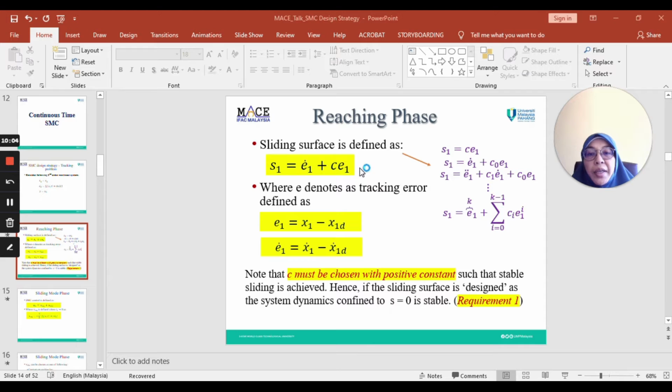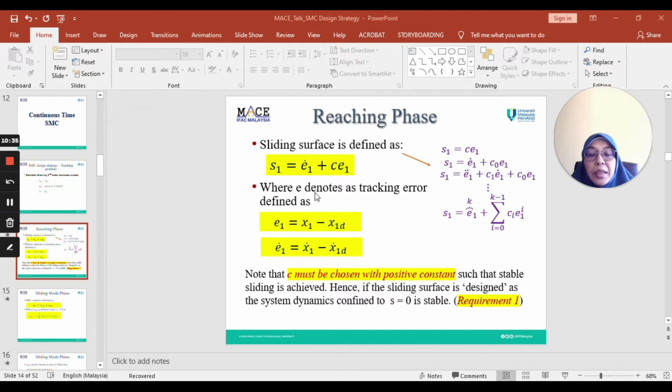We can define our sliding surface as this, which is the general form of the sliding surface and depends on the order of the system that you are controlling. In this case, our system is second order, so the sliding surface will look like this.